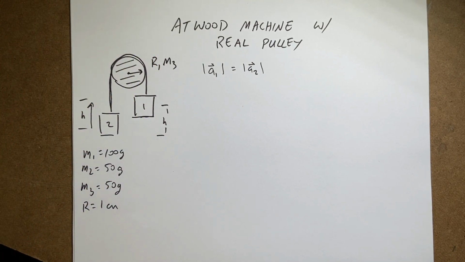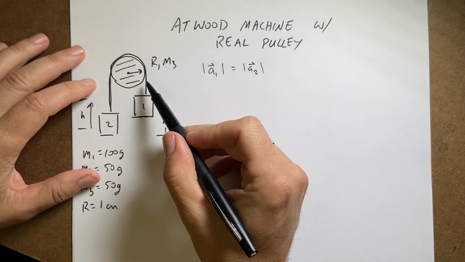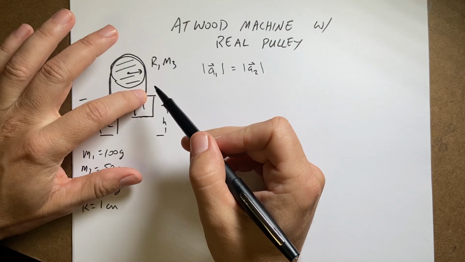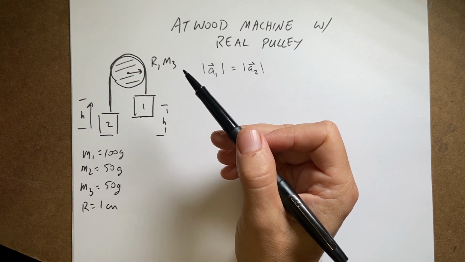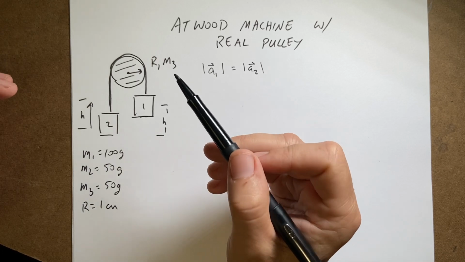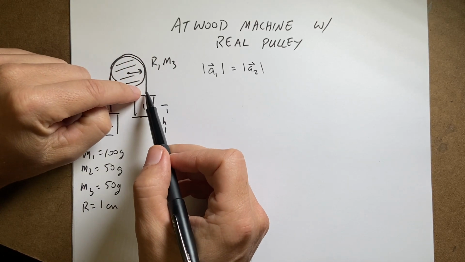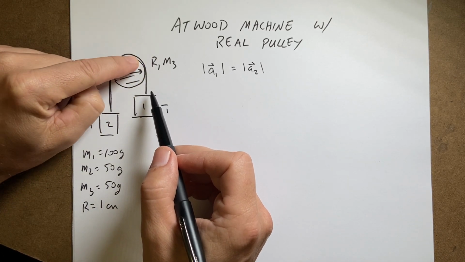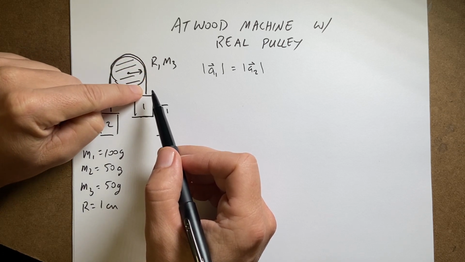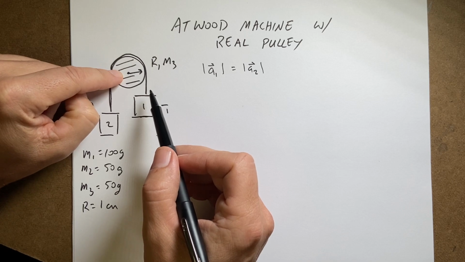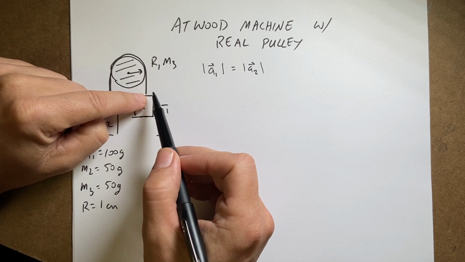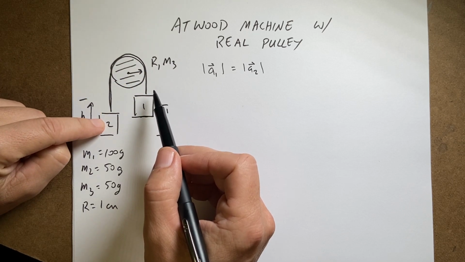And that's still true. The other thing that I said was that the tension here would be equal to the tension there because the string is massless, and that's no longer true. Okay, because in this case there is a frictional force between the rope and the pulley, and that's what's going to make this pulley rotate. But that means that the tension pulling this is not equal to the tension over here, right?